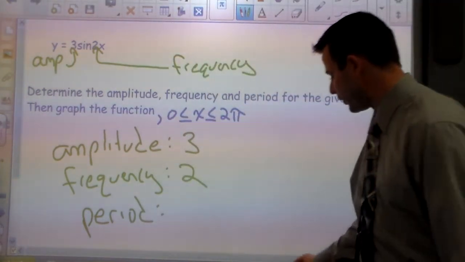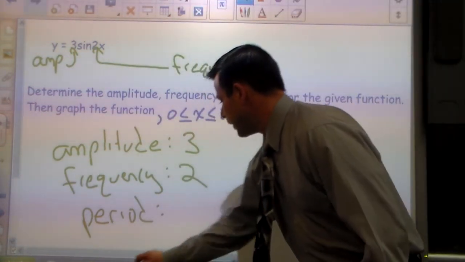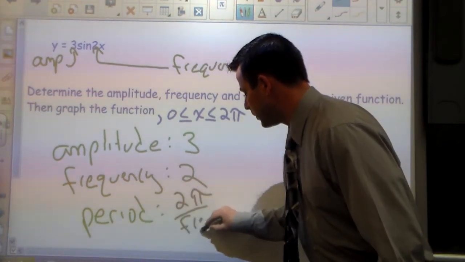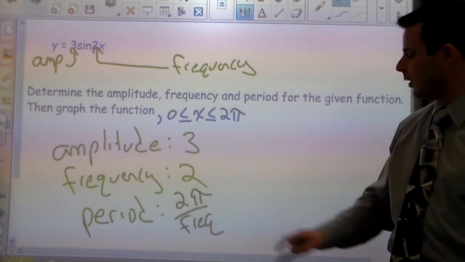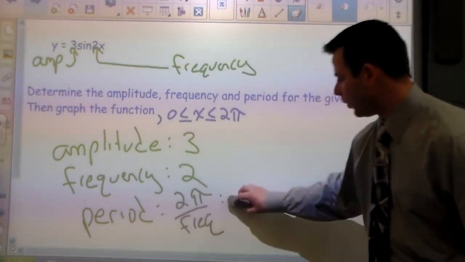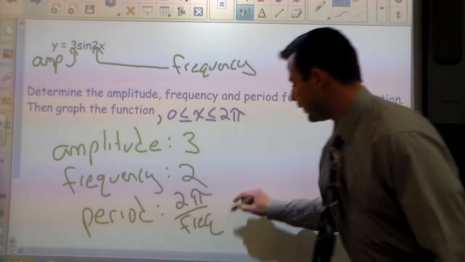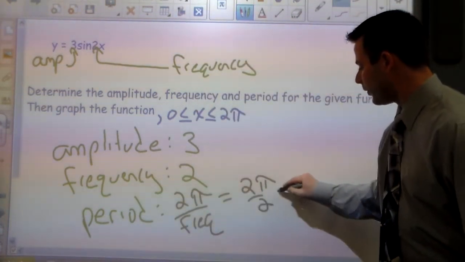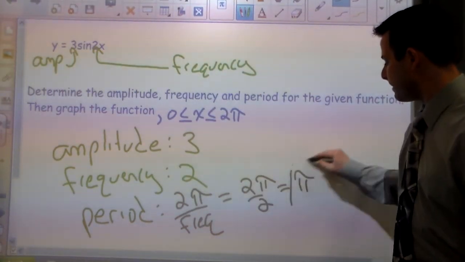The formula for period is 2 pi over the frequency. So in this case, the frequency was 2. So our period is 2 pi over 2, clean it up, pi.